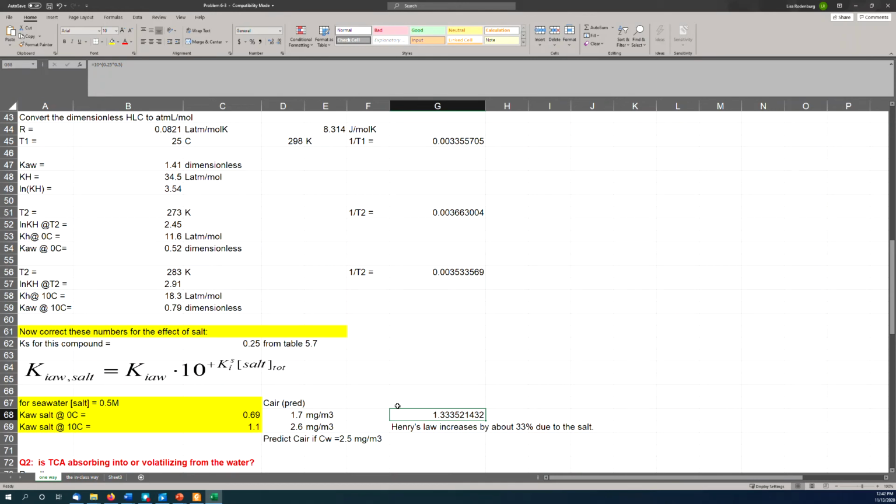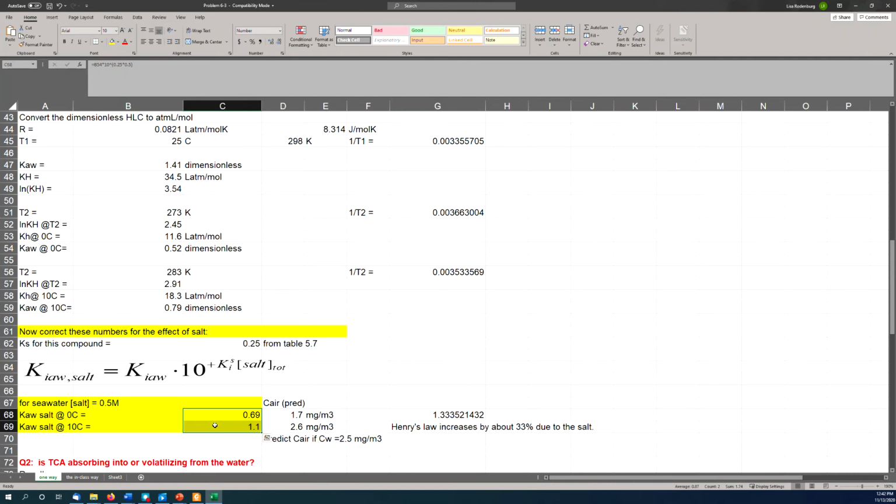Usually in the normal course of things in the environment, you're not going to have a salinity much greater than that, unless you're dealing with some weird sort of brine system. But usually that's as high as you're going to go, and 0.25 is a pretty reasonable value of the Sechenov constant. So this increase of 33% is about as big an increase as you're going to get, unless you're dealing with a brine. Okay. So here's your Henry's law constant, having already been adjusted for both temperature and salinity.